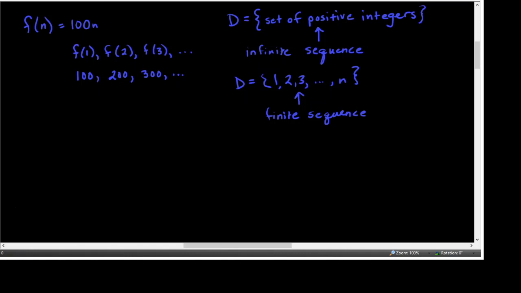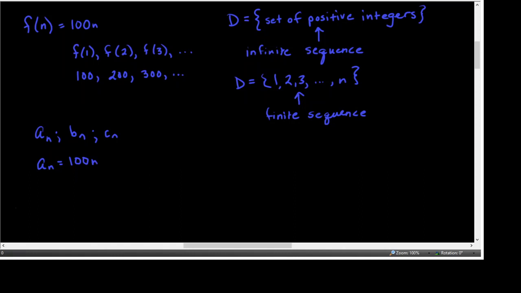Instead, we're going to use lowercase letters like a and b and c. And the notation that we might see is a sub n or b sub n or c sub n. And so instead of writing f of n equals 100n, we might say that a sub n is the name of this sequence, and the formula for building that sequence is 100 times n.